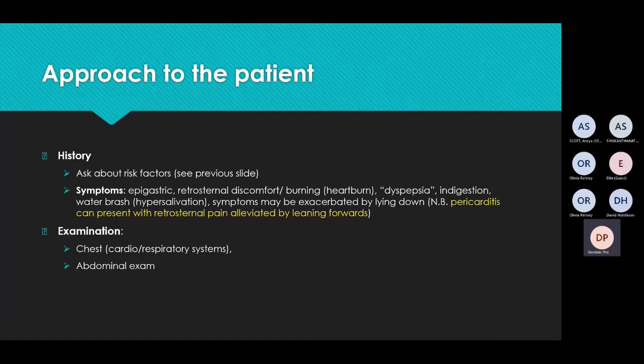You want to do an abdominal exam, and both of these exams aren't particularly specific, and you won't have any major findings, but it might be useful to detect other conditions such as pericarditis or gastritis. If someone's got a pain when you press on their stomach, they might have gastritis. So it's more to rule out other things, because you won't rule in. GORD doesn't present really on clinical findings.